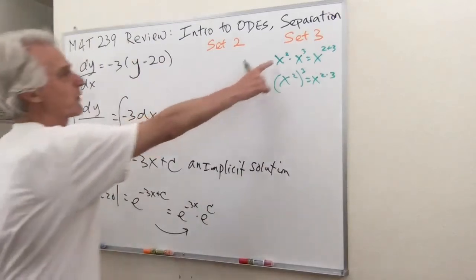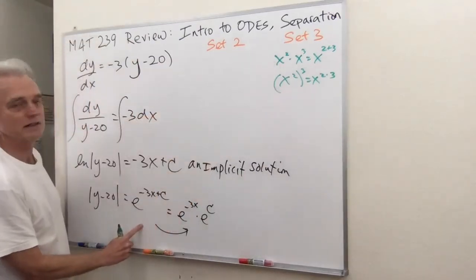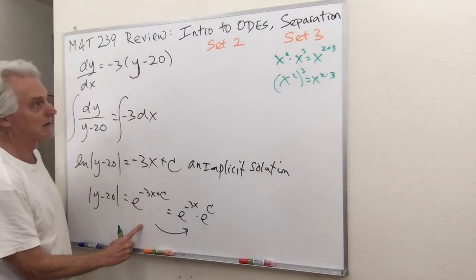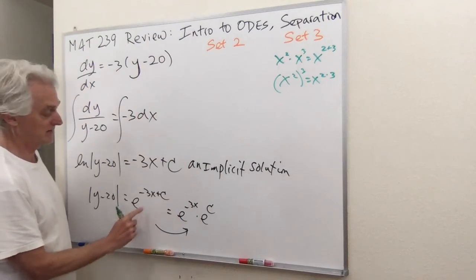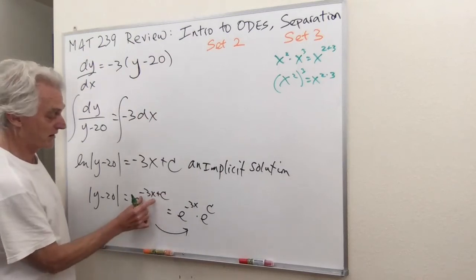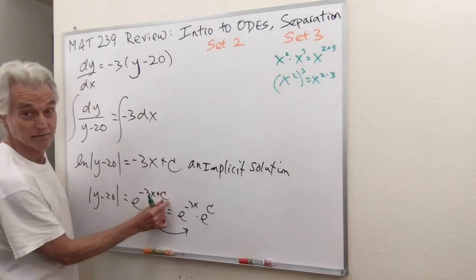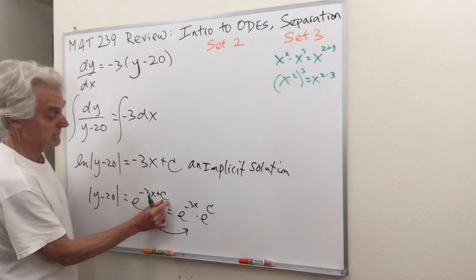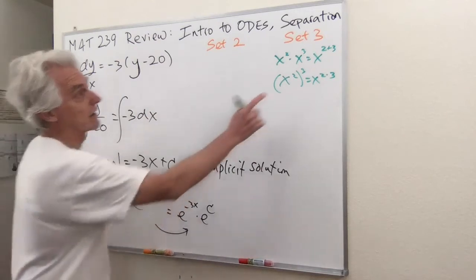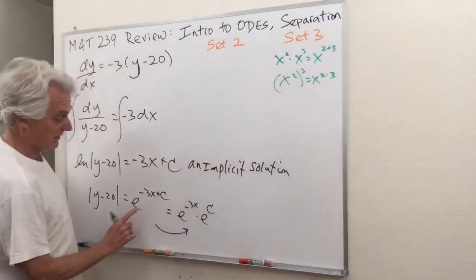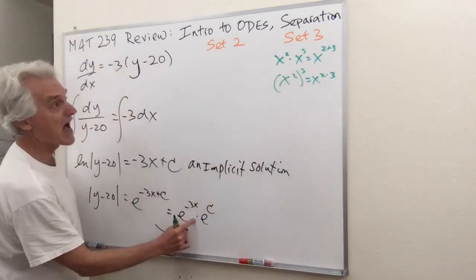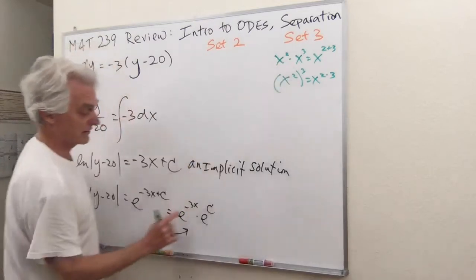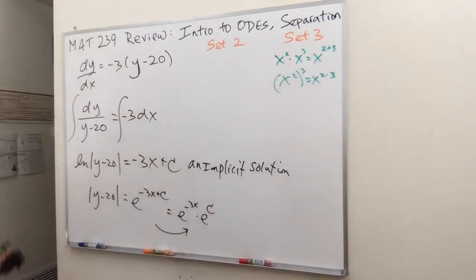So why do I keep writing that? Because I use that here, right? Instead of x, I got e. Instead of 2 and 3, I got minus 3x and c. And how do I write this? It's e to the minus 3x times, that's the times right there, e to the c. Cool.